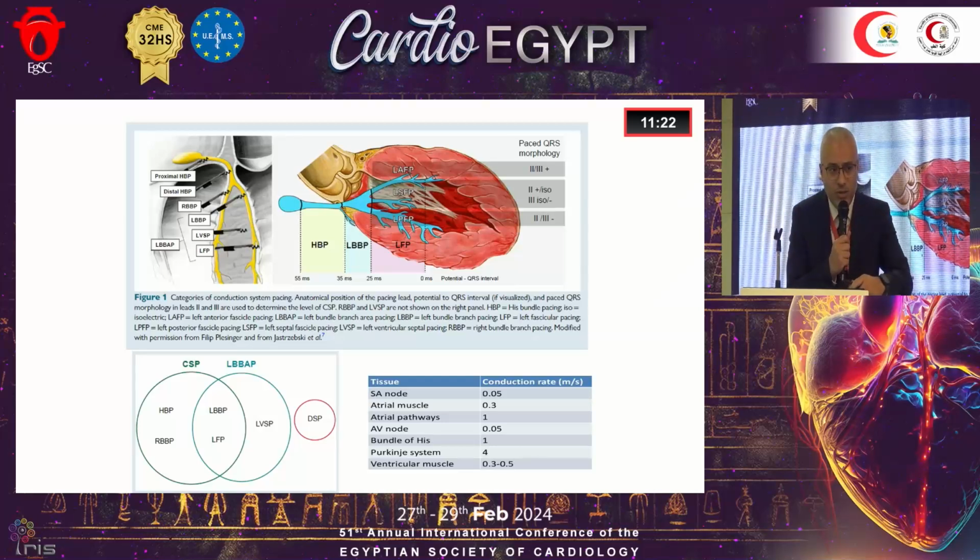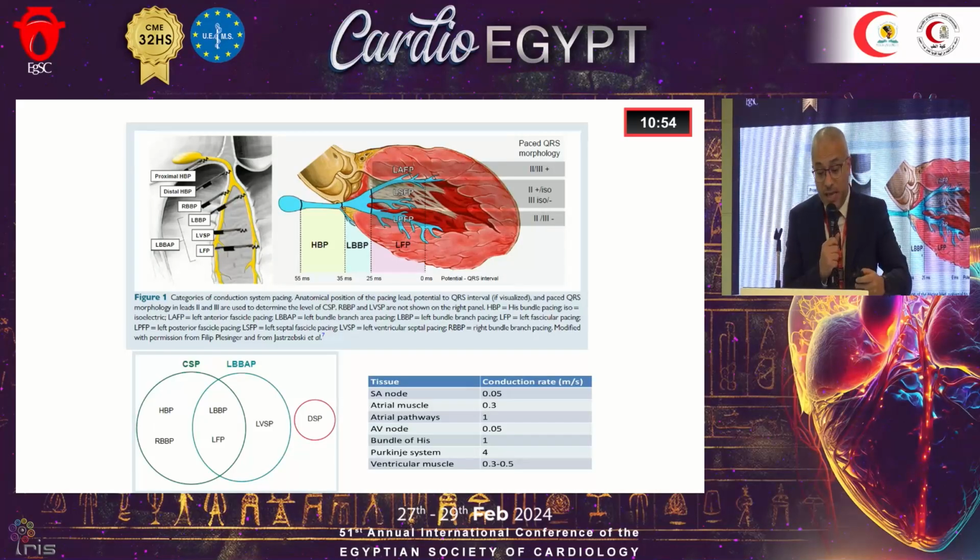Until 2012 or 14, we had an innovation of His bundle pacing using the lumenless lead of Medtronic. But still, we had some problems with finding the His, and with stability and threshold as well. And then we had another innovation, left bundle area pacing, starting from either the true left bundle or one of the fascicles, or even in the left septal pacing.